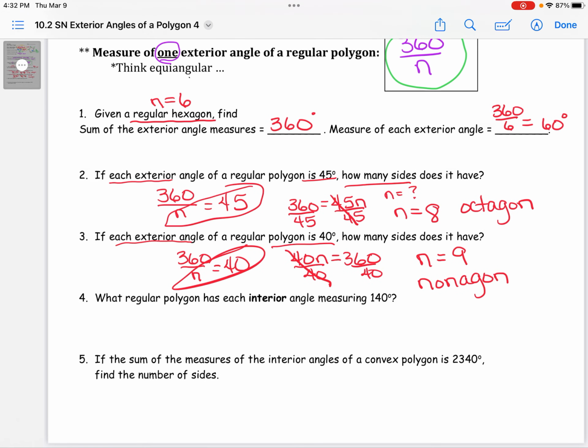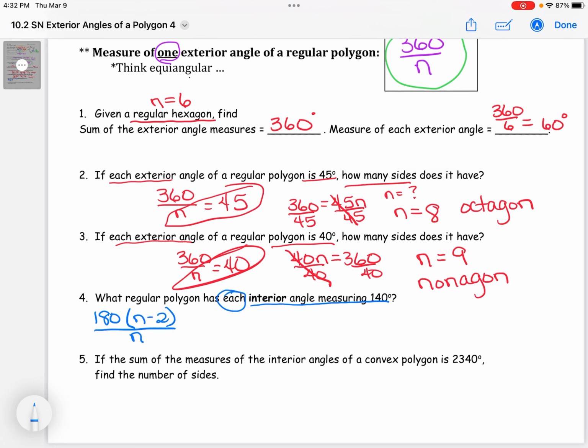Okay, now make sure you're paying attention because we just switched to interior angles. And we're talking about each one. So when we're talking about one interior angle, we're going to go back to our equation for interior angles. Okay, and we know that this equation we have is equal to 140.